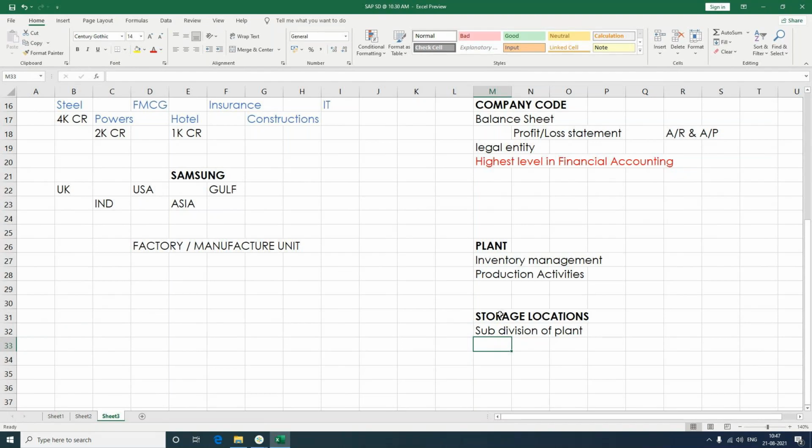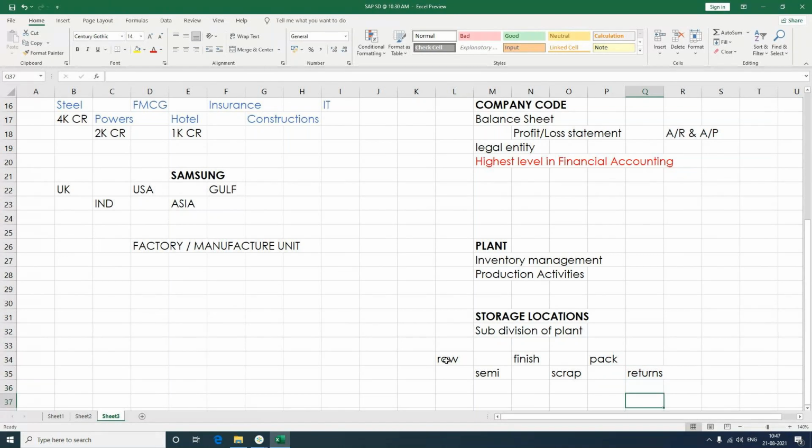If you take the example of a 3 BHK apartment, I can use one bedroom for storing only raw materials, one bedroom for finished product, one bedroom for semi-finished product. In the same way, within the plant, we maintain multiple storage locations for storing different types of materials. One for raw material, one for semi-finished, one for finished product. Like this, we maintain multiple storage locations within the plant.